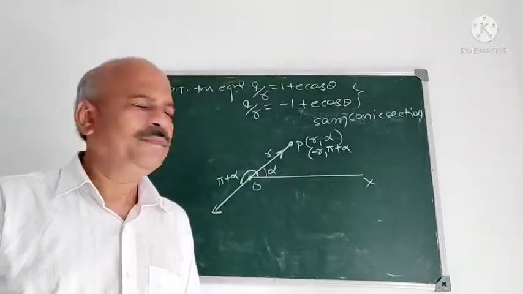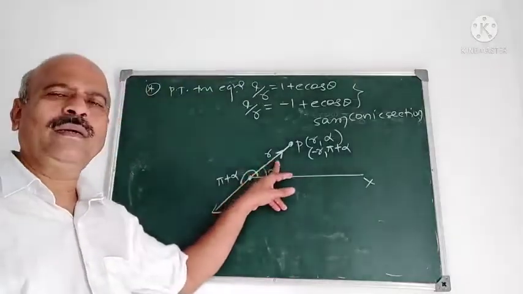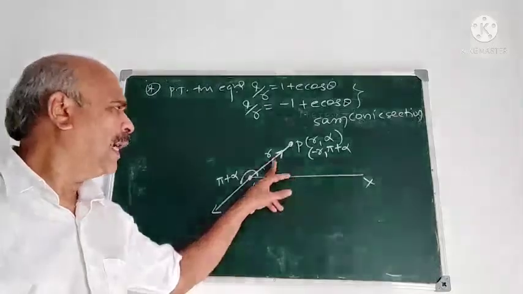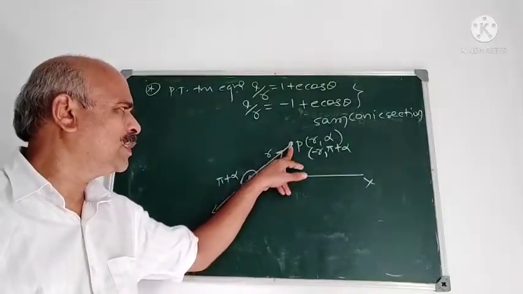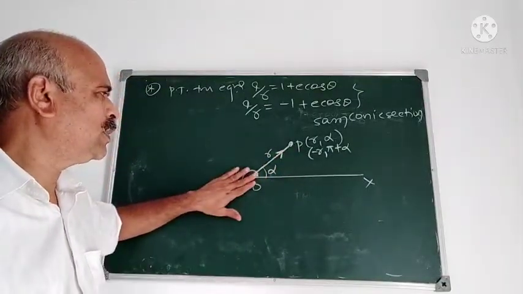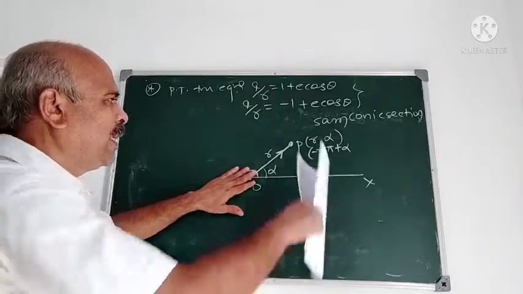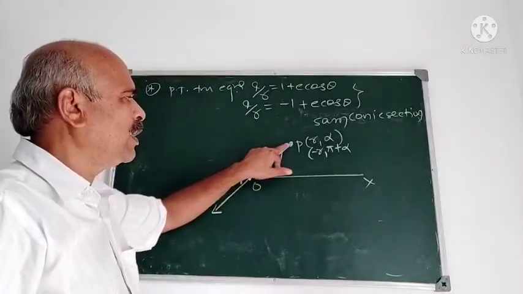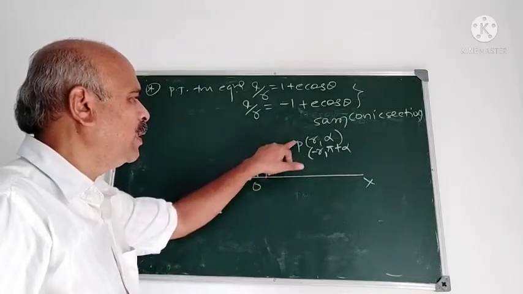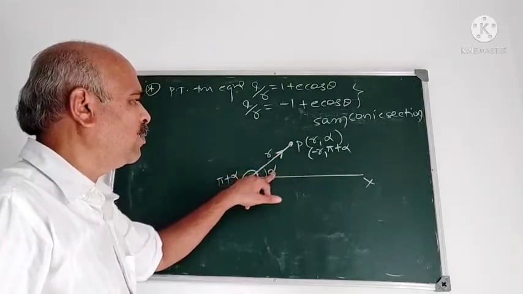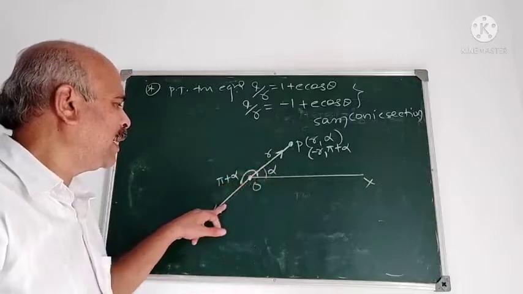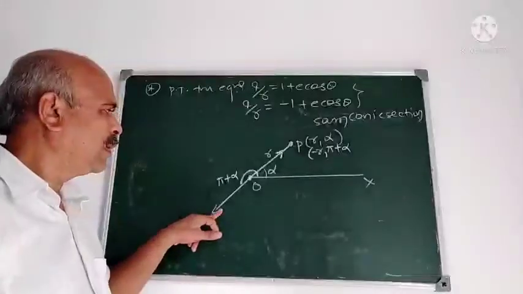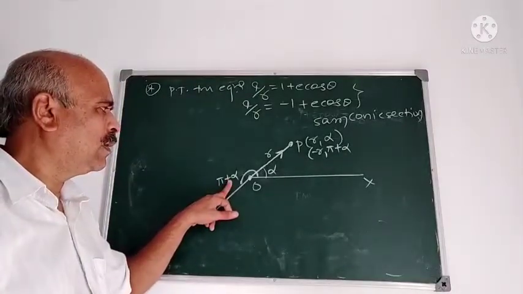Any doubts here? You know the sign of r. r is positive when measured along this direction. First you forget about this. Only take this point (r, alpha). r is measured along the line bounding the vectorial angle alpha, OP. Therefore r is positive. This is alpha. Now I extend this r in this direction. What is this angle? Pi plus alpha.